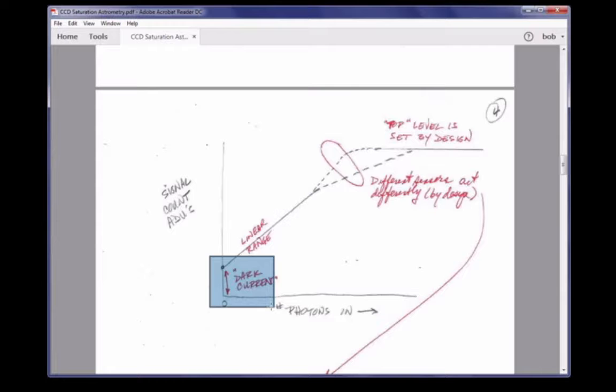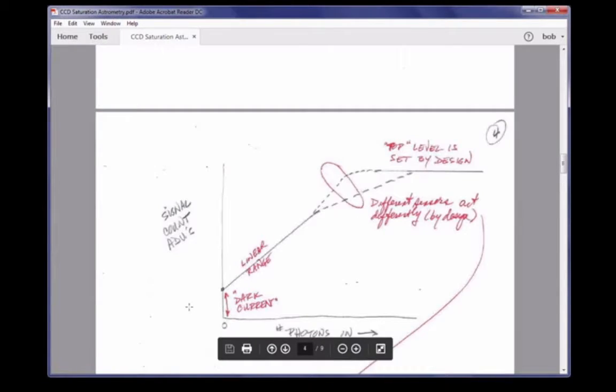So at cooler temperature, the atoms are not moving around, not jostling as much, and so you get fewer of these thermal electrons, lower dark current. And the reason that you take a dark frame is you can subtract that out and end up with a curve that starts at 0 and then climbs linearly with the number of photons that came in on that individual pixel.